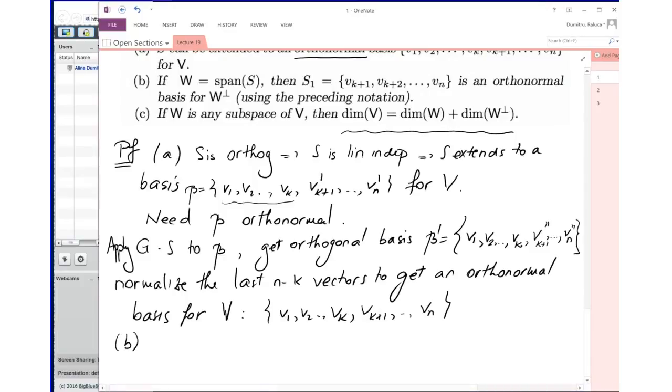Part B. So we call W the span of S, so the span of the set v1 through vk. We want to show that the remaining n minus k vectors form an orthonormal basis for W perp.